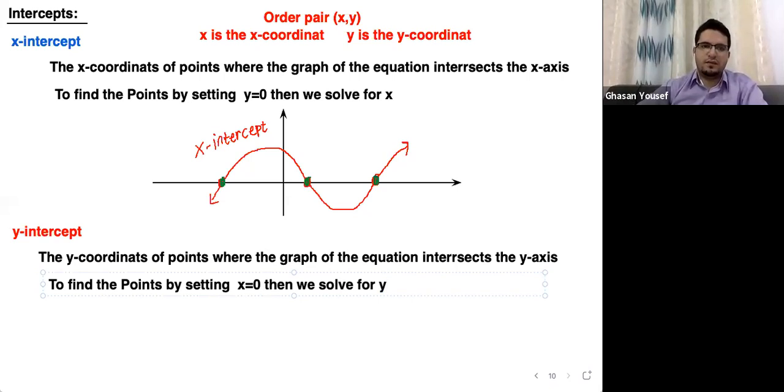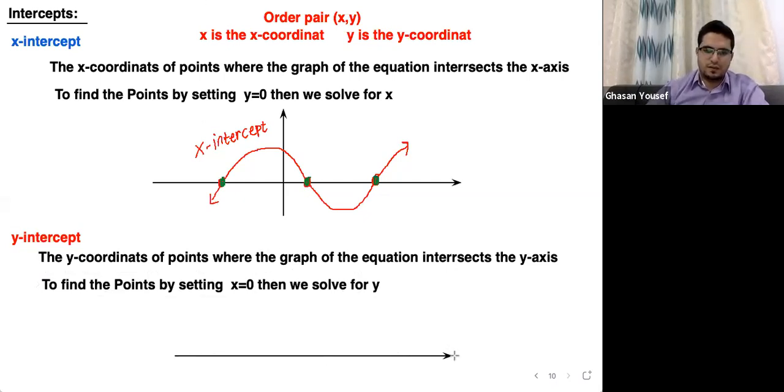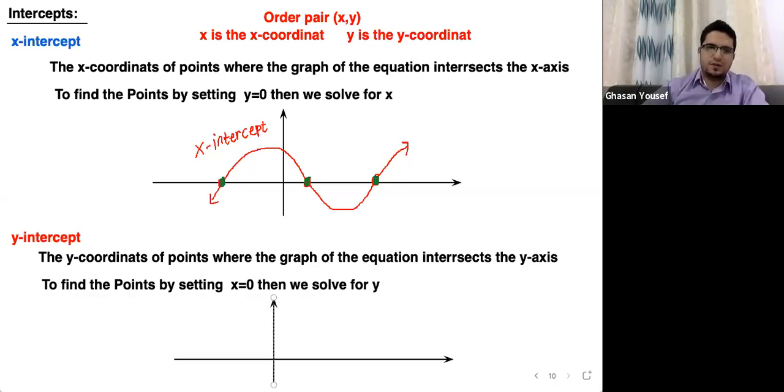And the graph, to know what the y-intercept looks like. If I would like to graph a simple one, this is my Cartesian plane, this is my x-axis, and this is my y-axis. Suppose I have the graph like this.